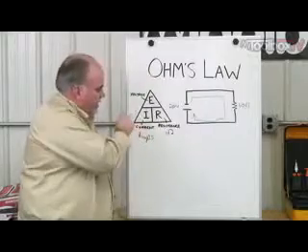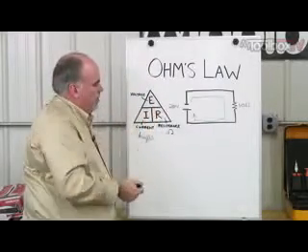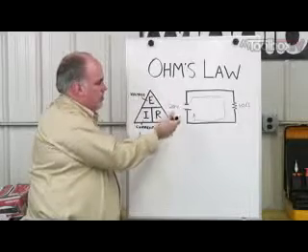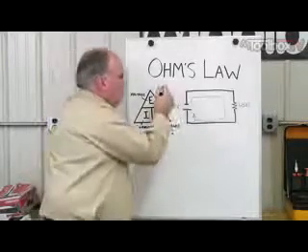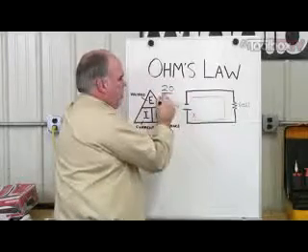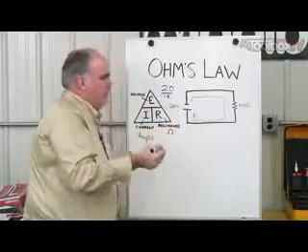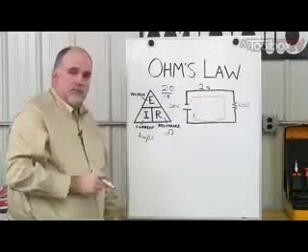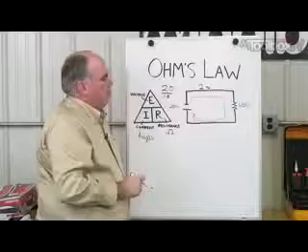Let's say we want to find current. According to our pyramid here, we would divide voltage by resistance. So 20 volts divided by 10 ohms gives us 2 amps of current flow.